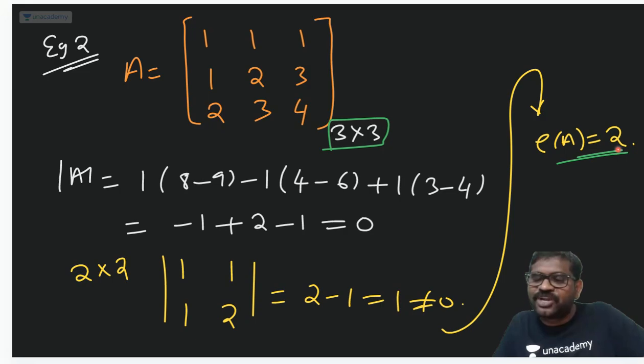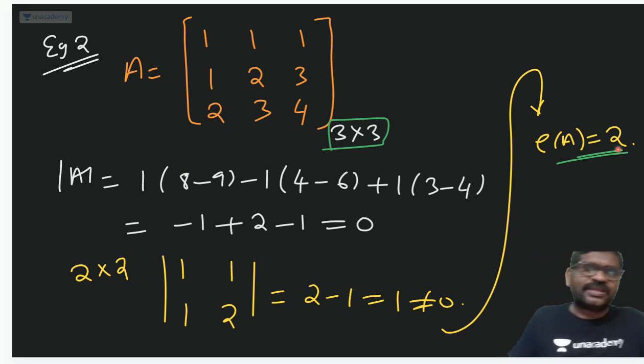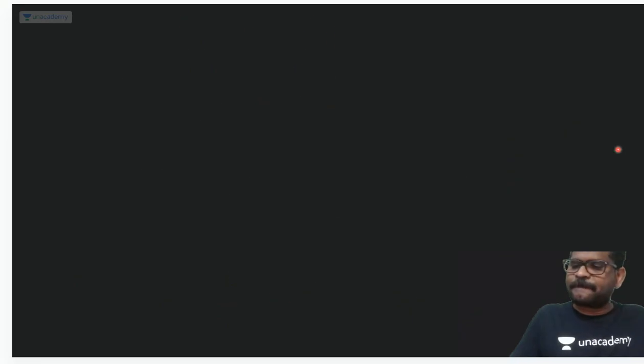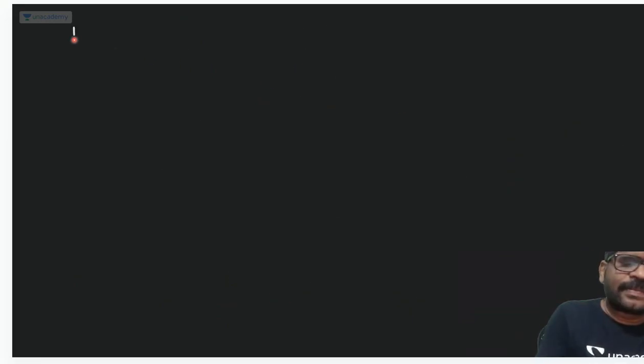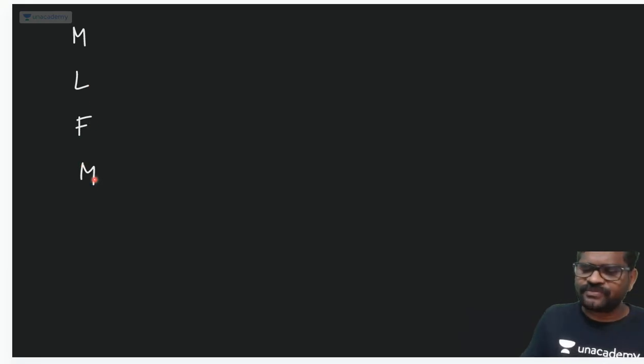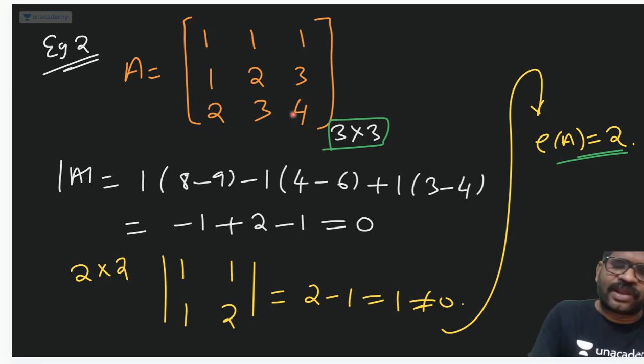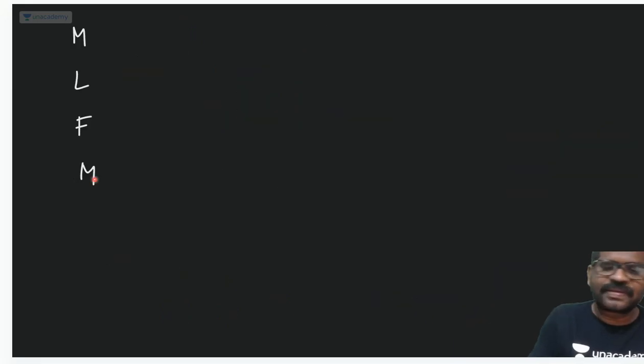Yesterday, I explained one technique, a trick to write the adjoint of A: middle, last, first, middle. Remember? No problem, again I am explaining. Middle, last, first, middle. From the middle column, middle element, write the entries clockwise: 2, 3, 1.